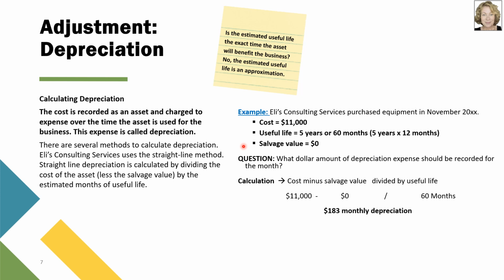So to record the depreciation for the month of December, we subtract the salvage value, which in this case is 0, from the cost of the asset, leaving us with $11,000, and then divide that amount by 60 months, which is 5 years. The amount of the depreciation is $183.